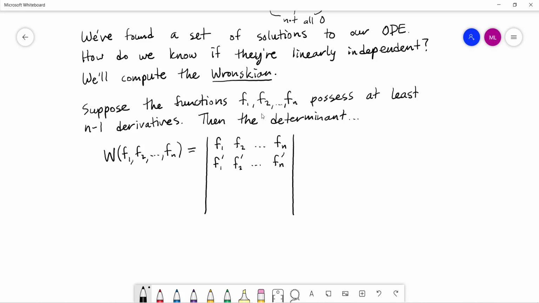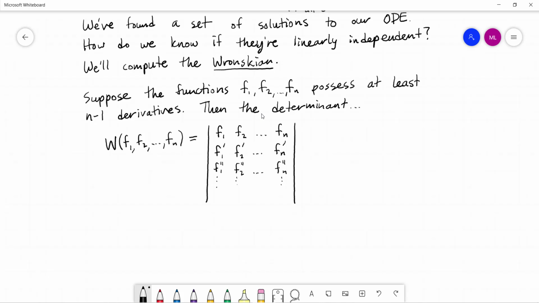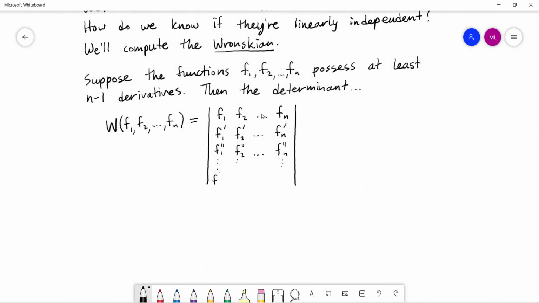Below that go the second derivatives: f1 double prime, f2 double prime, f2 double prime through fn double prime. And so on, all the way down to the (n-1)th derivatives: the (n-1)th derivative of f1, of f2, and of fn.